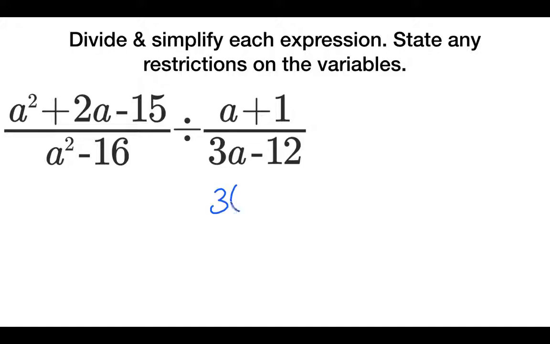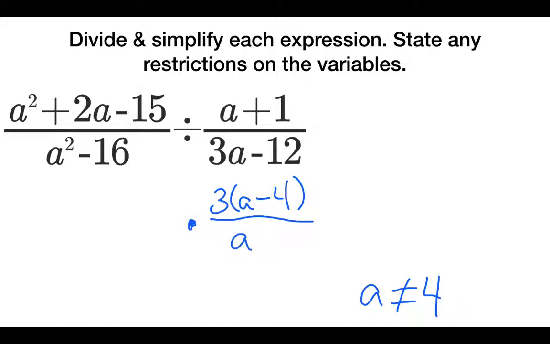So that becomes 3 times a minus 4, meaning a cannot equal 4. Now that we know that, I can start doing some factoring. The first thing is, because it's divided, it becomes times 3 times a minus 4 over a plus 1.